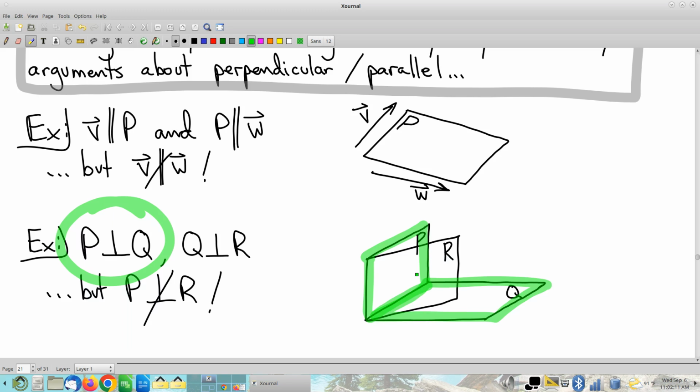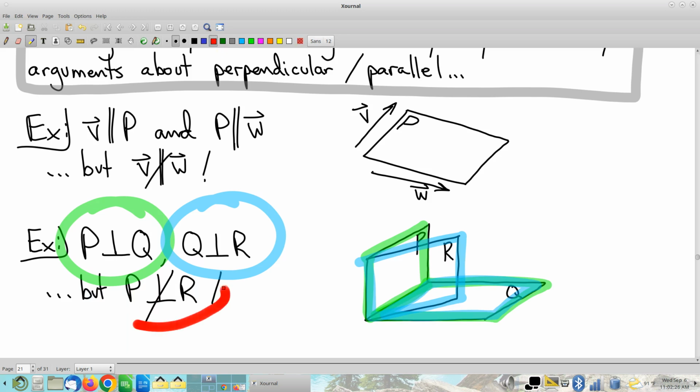But then I can also talk about Q and this other plane R. Same Q, this other R. Well, Q and R are perpendicular. But notice P and R are not perpendicular or parallel or anything. They're just different. That make sense? Okay. All right. So careful.